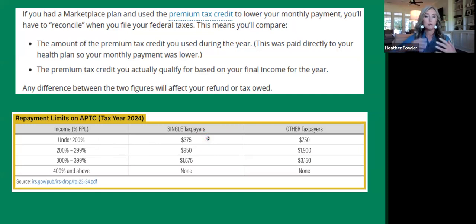Okay. So just keep in mind that there are some limits on that. However, you always want to encourage people to get the best estimate possible and keep that updated, just to avoid any kind of repayment.